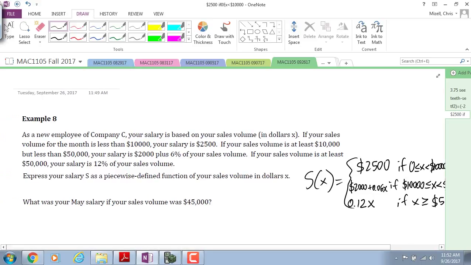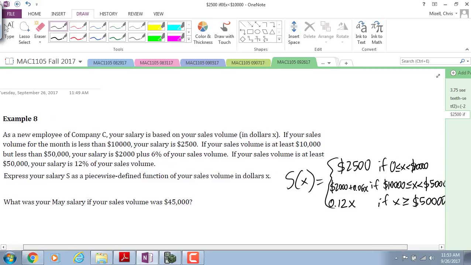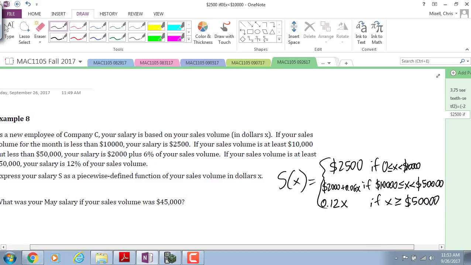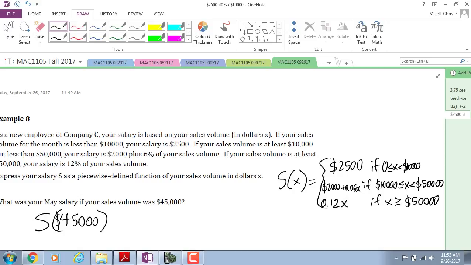We've expressed the salary as a piecewise defined function of sales x. What was your salary in the month of May if your sales volume was $45,000? How would we calculate that? $45,000 is in the middle piece, right? It's between $10,000 and $50,000, so we have to use the middle rule.